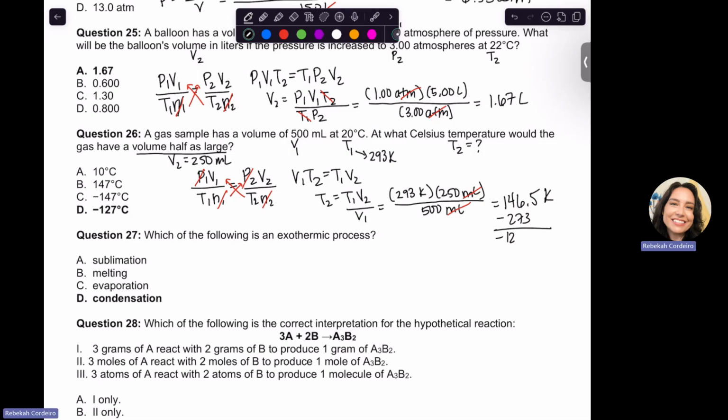The gas laws only work in Kelvin, so the relationships, the proportionalities only work in Kelvin. So you have to turn it to Kelvin when you're doing the math. That's just the rules. So we get negative 126.5 or negative 127.